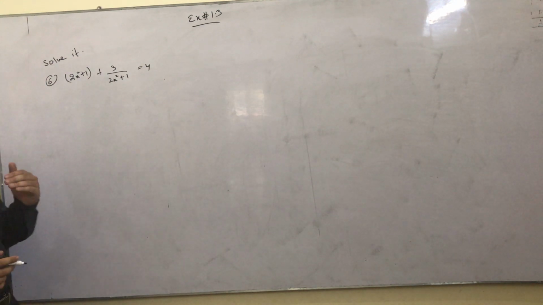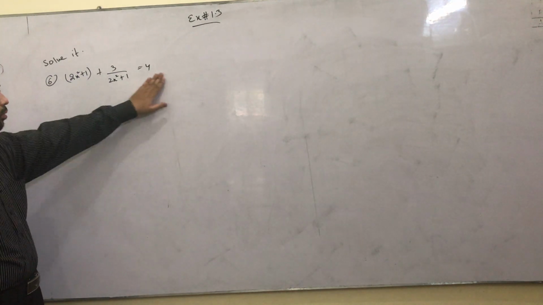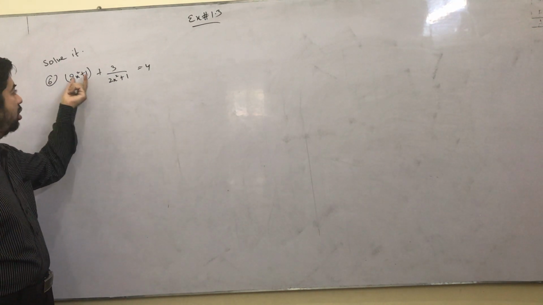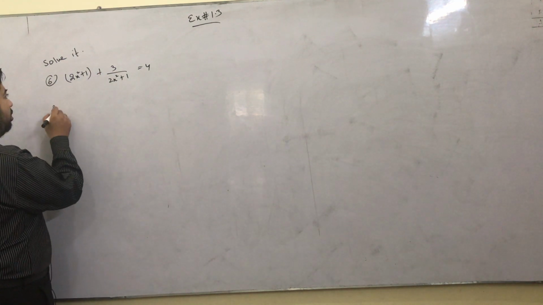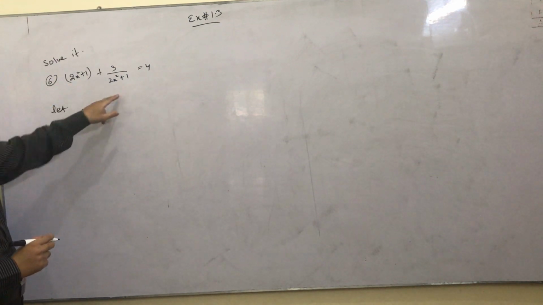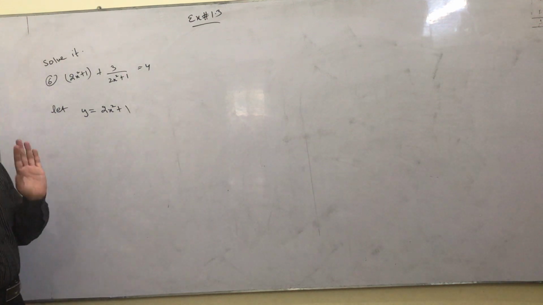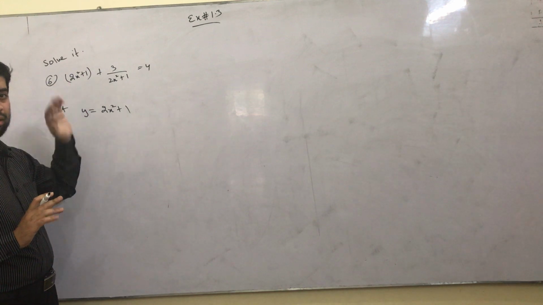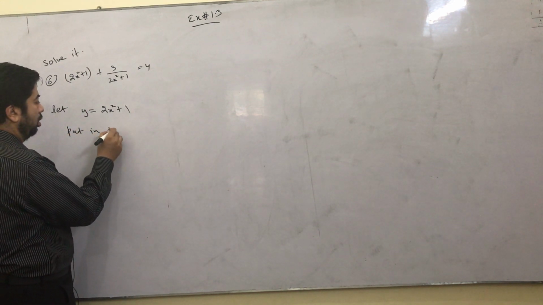Now, there is some difference between this question and the previous question. You must think about what is similar here. This is 2x square plus 1 and this is again 2x square plus 1. So you just have to let y be equal to 2x square plus 1. And that's it. You don't need any square because it is not demanding the square here. So put it in the equation.